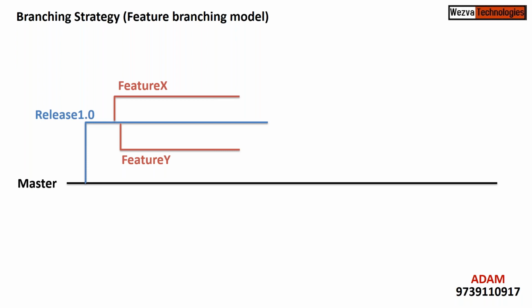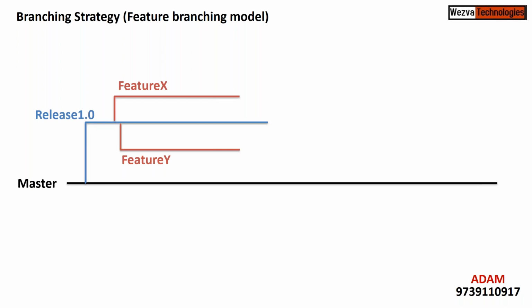So now if I have a group who is focusing on a particular user story and they want to work on a particular feature, then they should be allowed to work only on that feature branch. So this feature branch becomes the developer branch for that particular group or that feature.